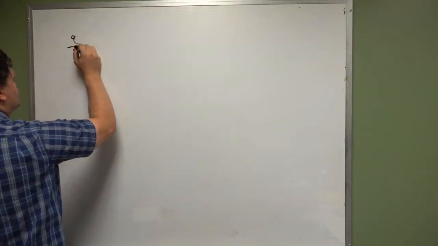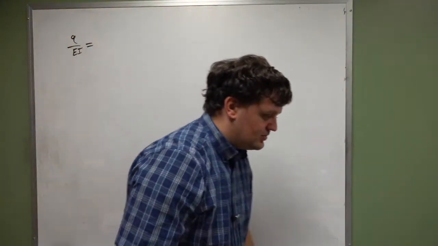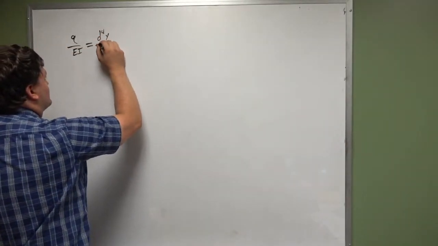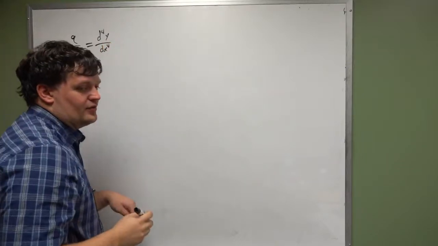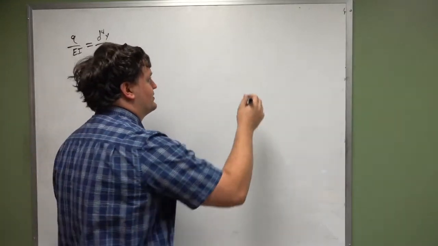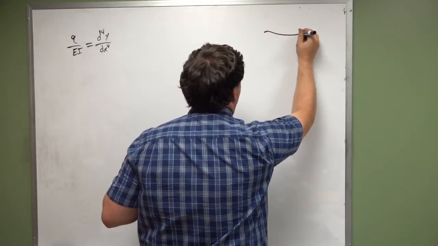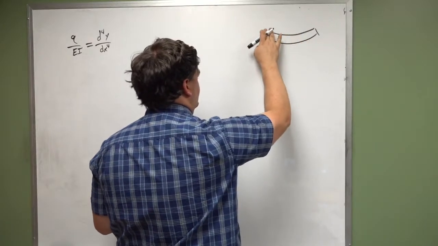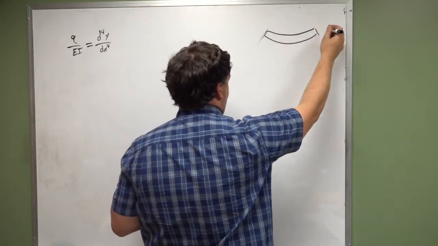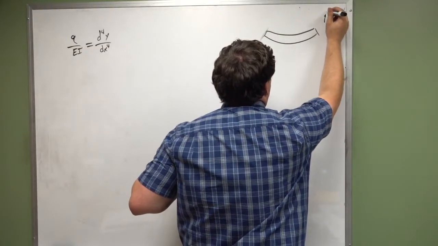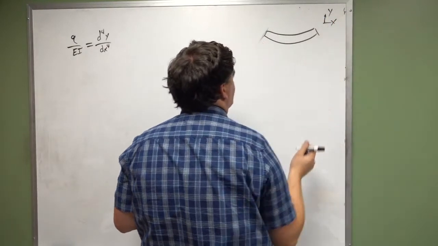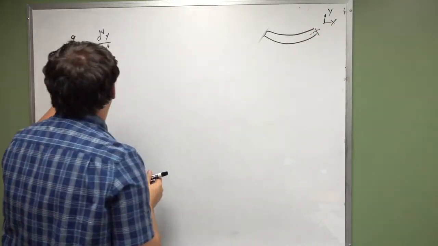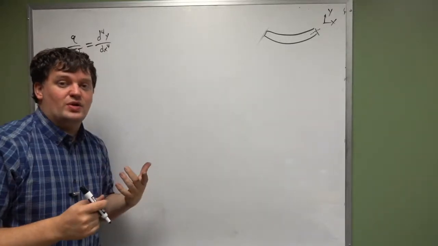q over EI is going to be equal to the fourth derivative of y with respect to x. So if we have a beam that looks like this, maybe it's being loaded, looks like a macaroni noodle, and this is y and this is x. The slope of this beam at any location can be given by a derivative equation.